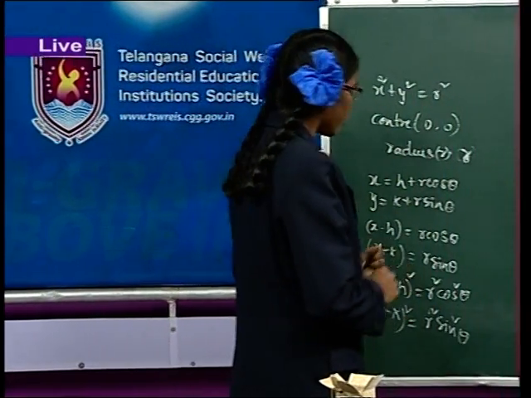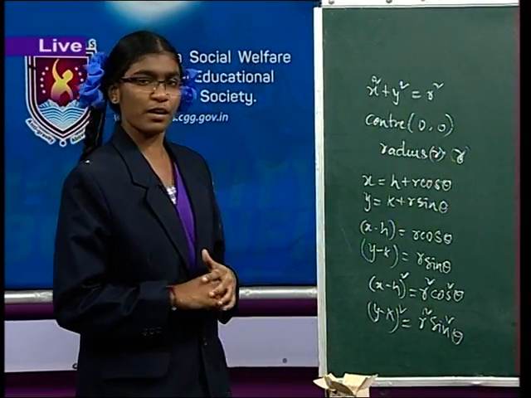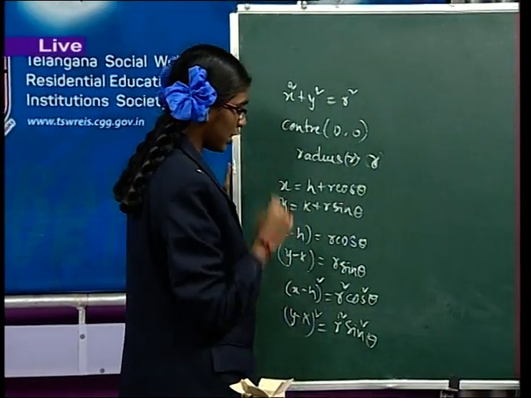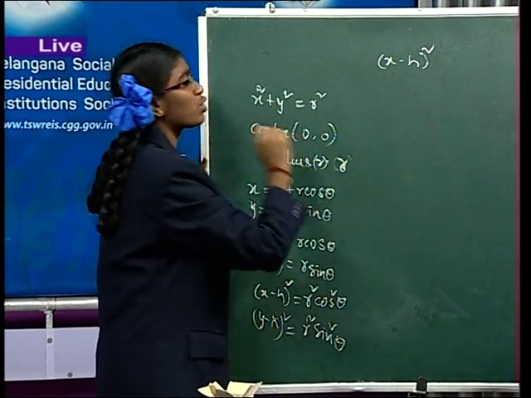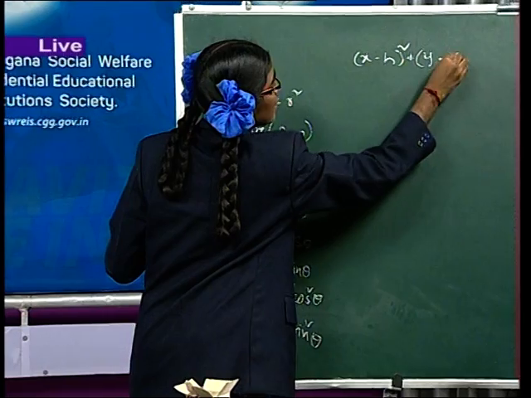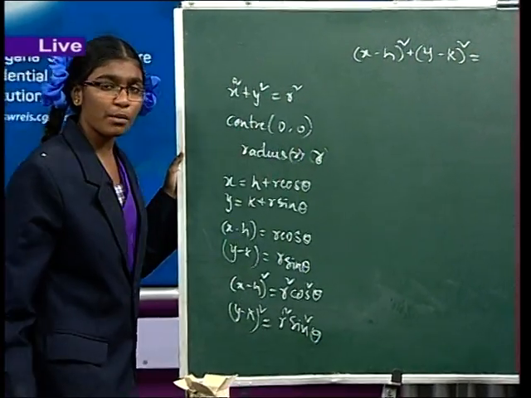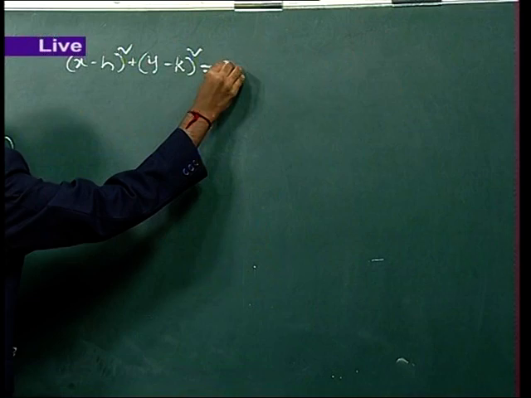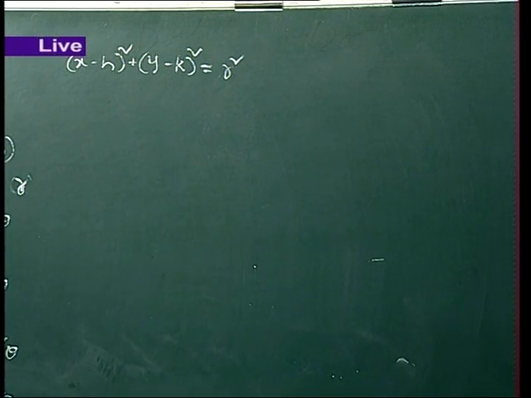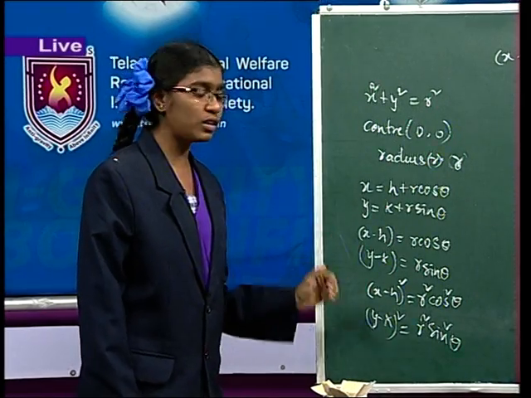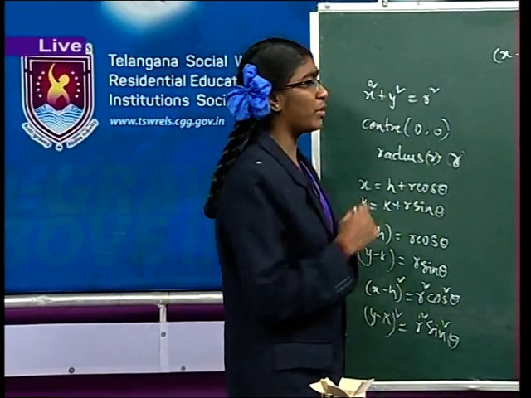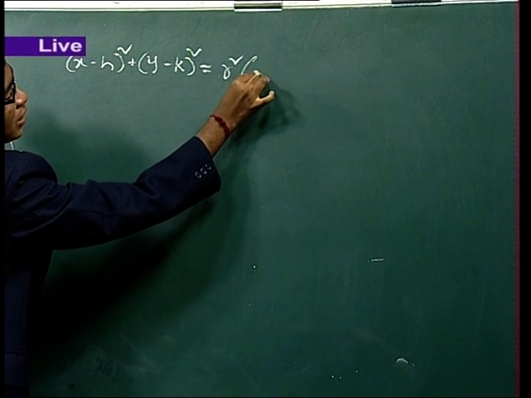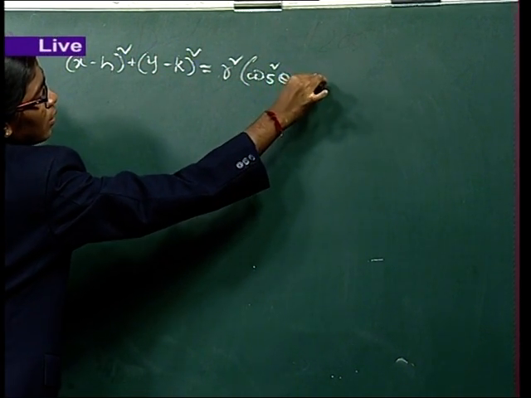Now we are going to add both the equations, adding equations 1 and 2. Here we get x minus h whole square plus y minus k whole square is equal to, taking r square common in both terms on the right-hand side, r square times cos square theta plus sin square theta.